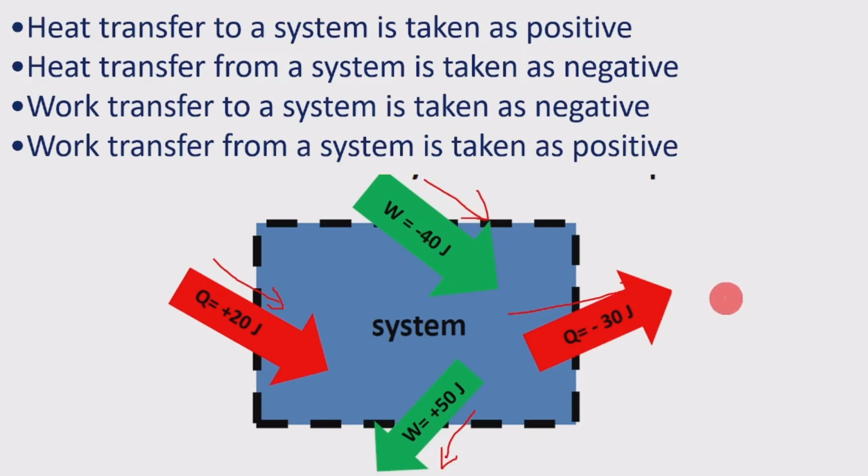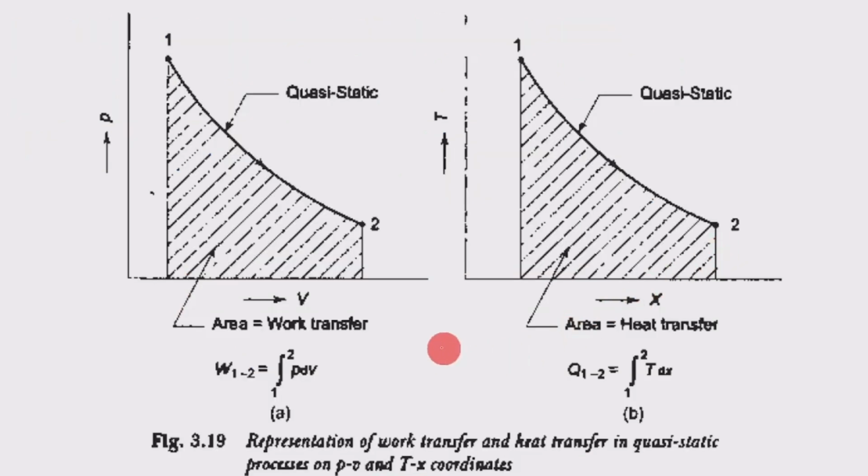These are the sign conventions. If you know one sign convention, the other we can usually know. During the experiments, the scientists took these as the positive and negative sign conventions. If you remember that work output is positive, then all other sign conventions we can recall easily.